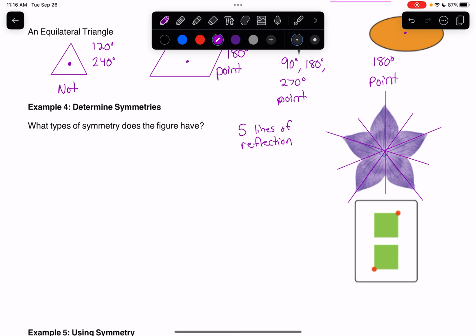And it also has rotational symmetry because it has 5 points that look the same. So if we rotated around 1/5 of a circle, or 72 degrees, it would look the same as it does now.